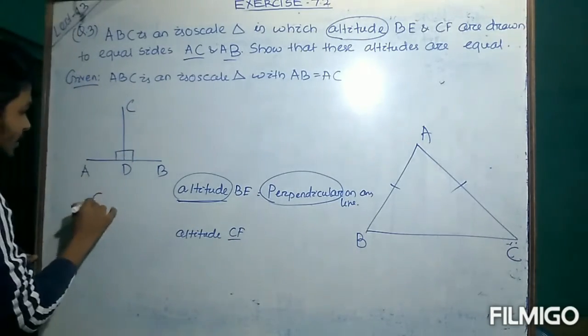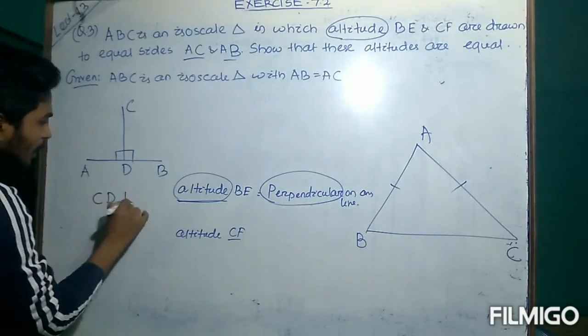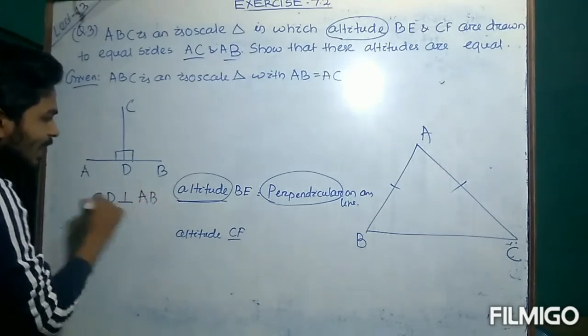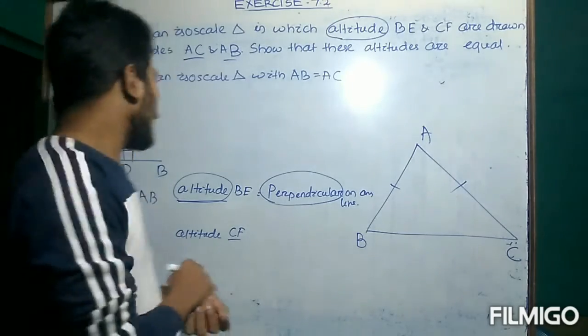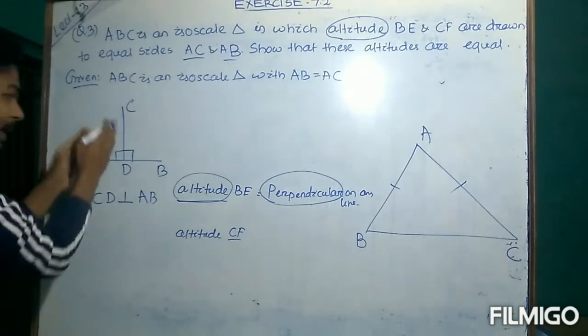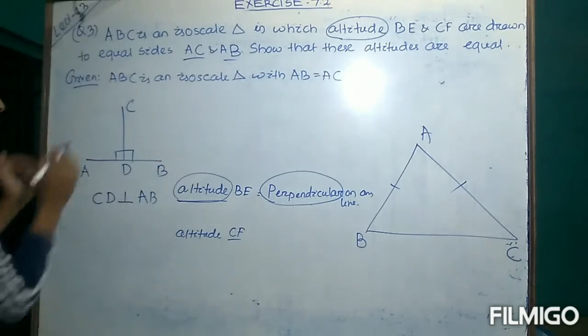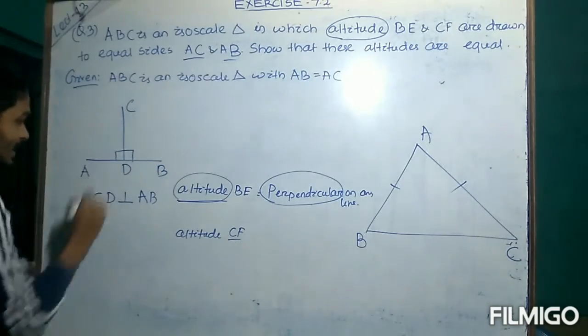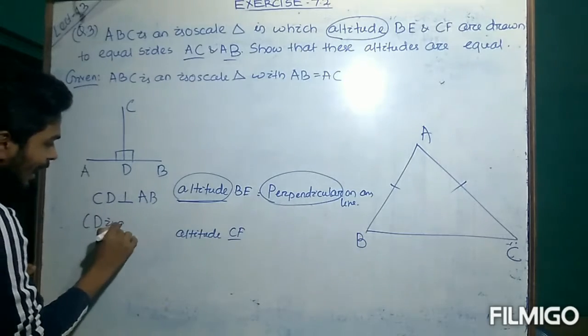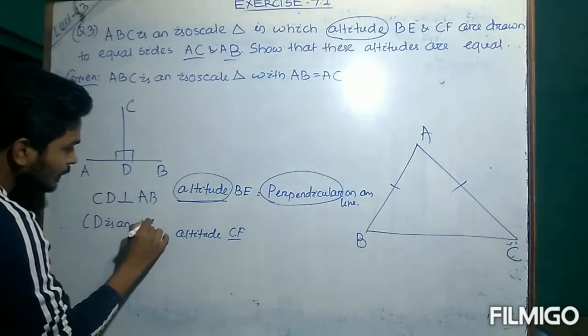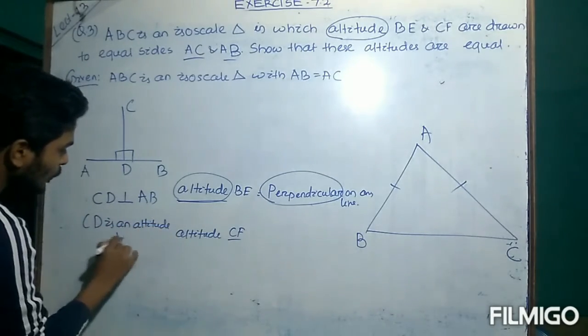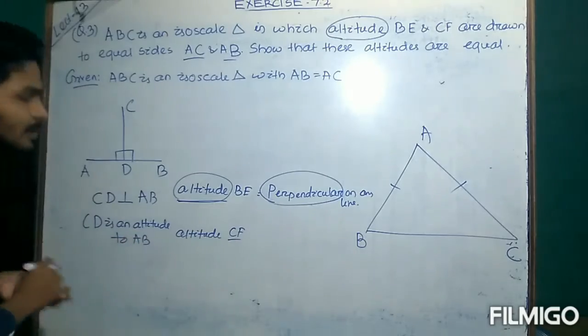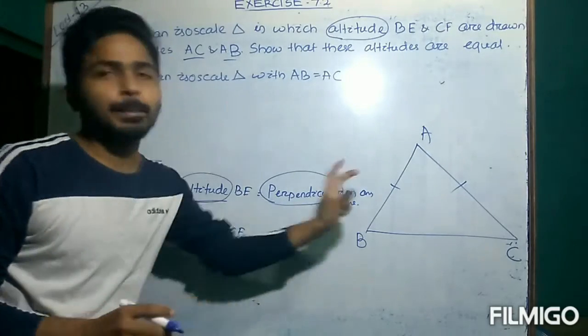We write CD is perpendicular on AB. It is also known as perpendicular means altitude. So we can also call CD an altitude to AB. Understood? So altitude means perpendicular.